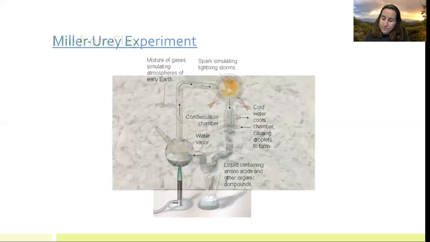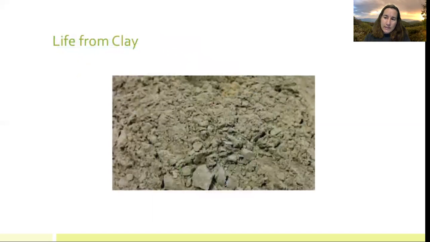How did we get the first cells? Every cell has a cell membrane. Whether you are a bacteria, an archaea, or a eukaryote like us, there is a cell membrane to contain the stuff inside. So one of the theories is that that cell membrane formed from just basic clay.